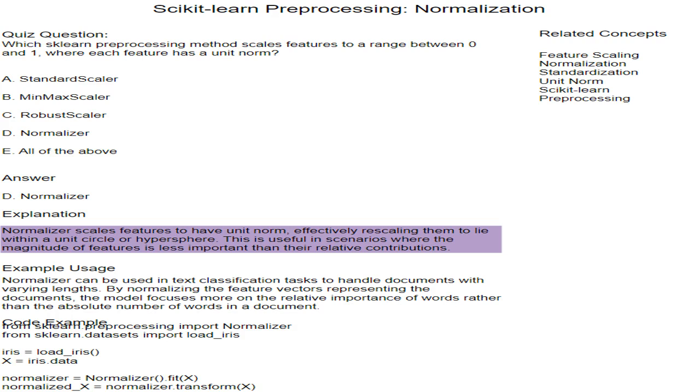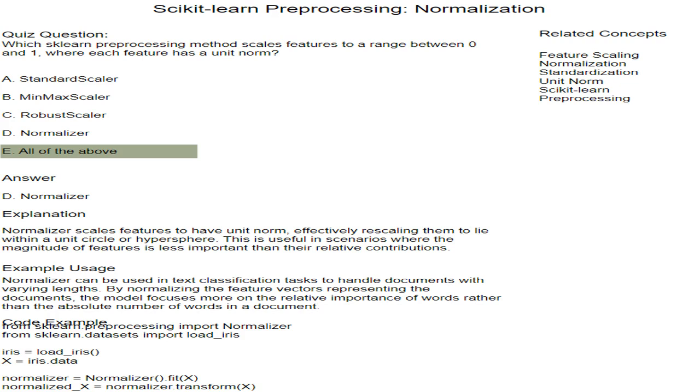This is useful in scenarios where the magnitude of features is less important than their relative contributions. True. E, all of the above. Only Normalizer scales features to have unit norm, so this option is incorrect.